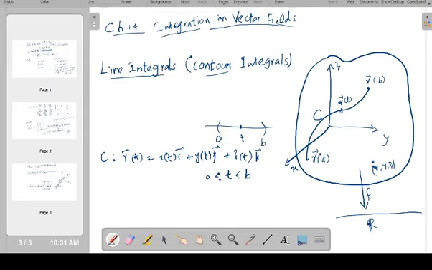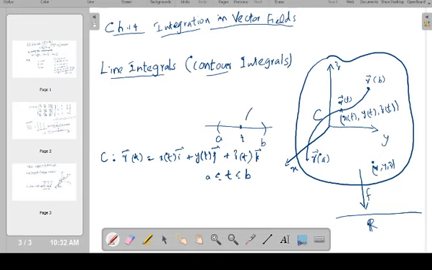Similarly, this is the point x of t comma y of t comma z of t, or x of t vector i plus y of t vector j plus z of t vector k. We can use any notation, whatever is convenient. So what is the value of f at this point? It is f of x of t comma y of t comma z of t. That means f of r of t. Okay, that is the value of the function at this point. Now look at the composition.